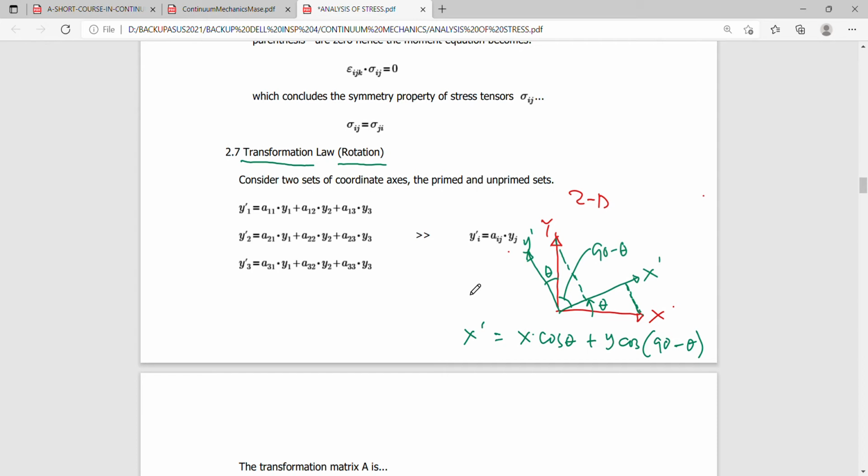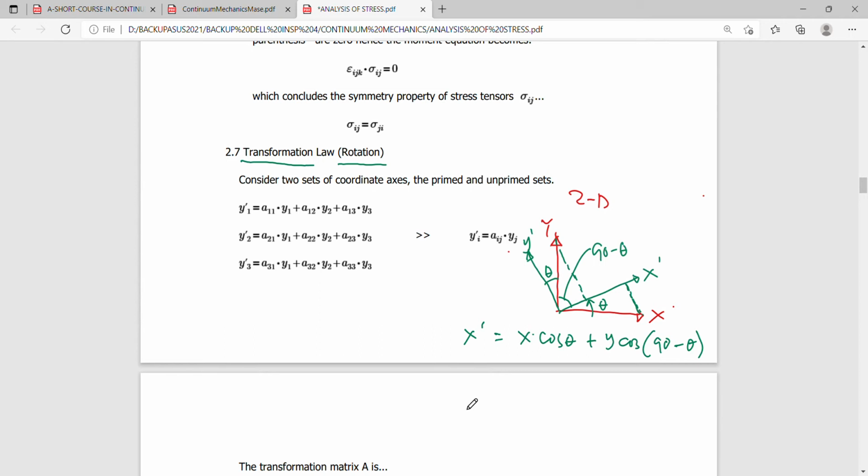So let's find a better way of dealing with it using indicial notations and operations, so as to simplify again the procedure when we deal with some algorithms to be used in programming.